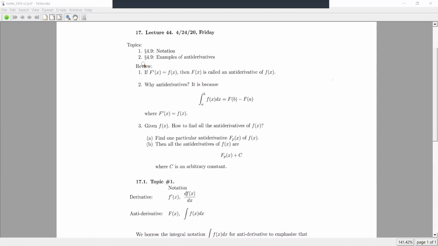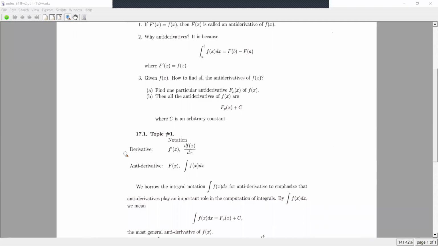Okay, now we turn to topic 1, the notation of one antiderivative. The notation of one derivative is either this prime notation or this d over dx notation. These two notations are popular notations for derivatives.